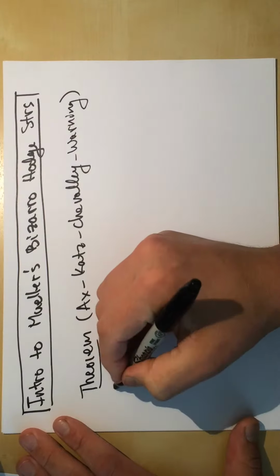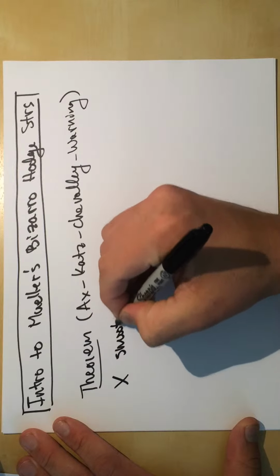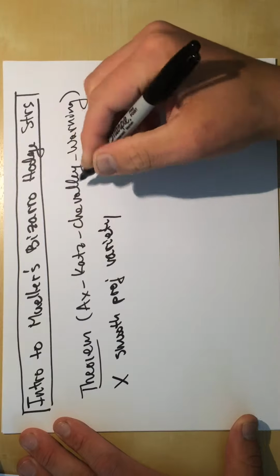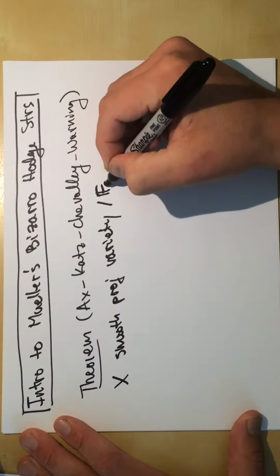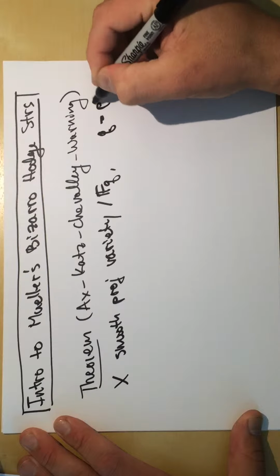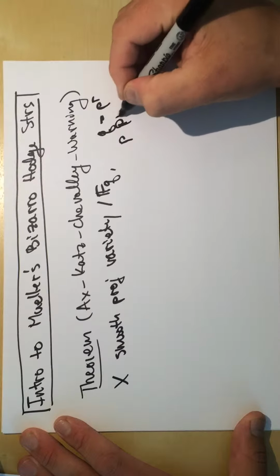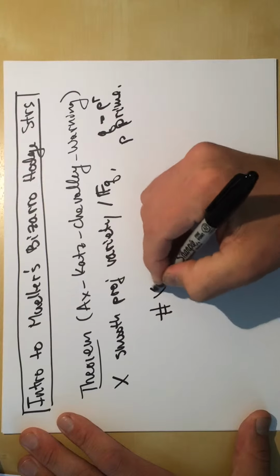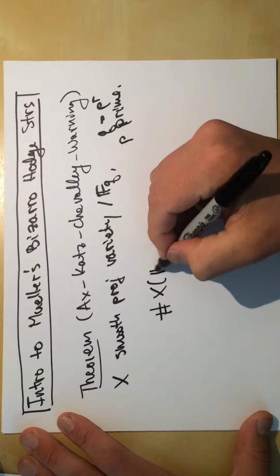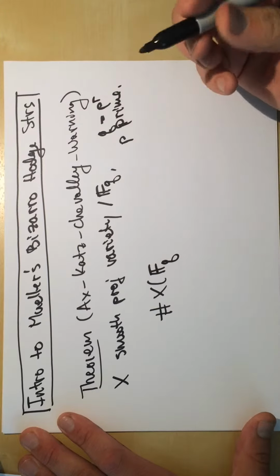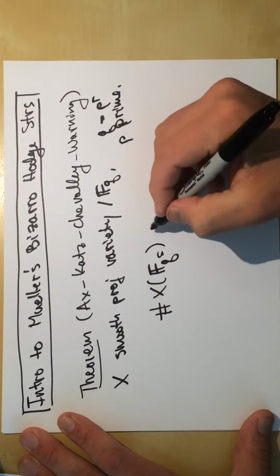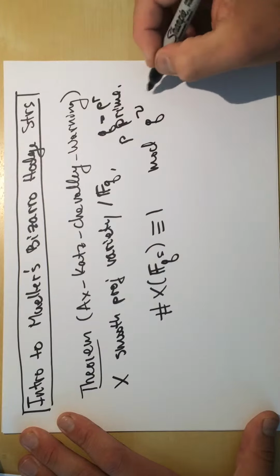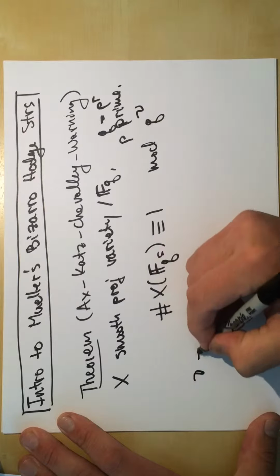What this says is that if X is a smooth projective variety over F_q, where q is p to the r and p is a prime, then the number of F_q points of this variety, or F_{q^s} points, is going to be congruent to 1 modulo q to the nu here. And this number nu is going to be the Hodge level.